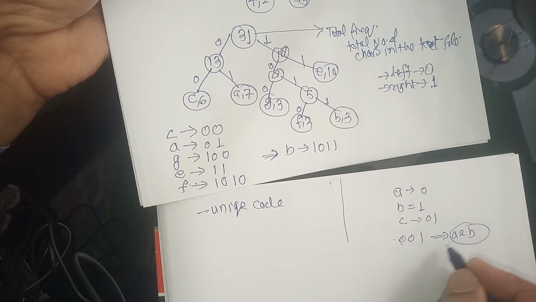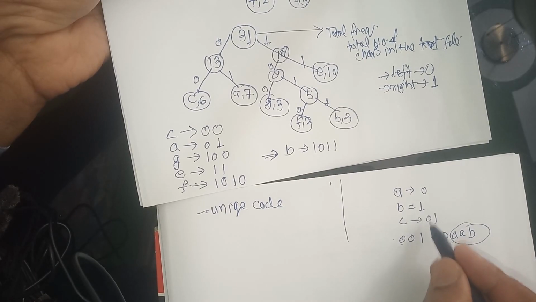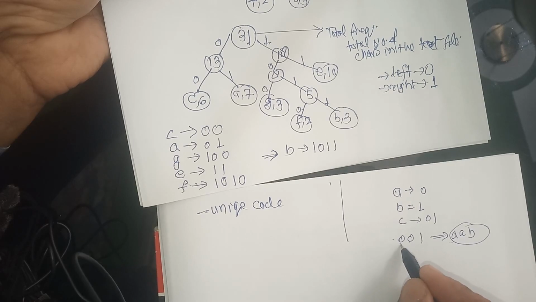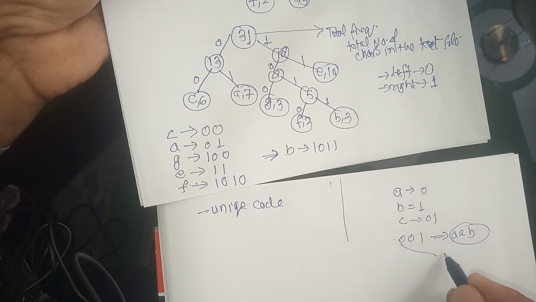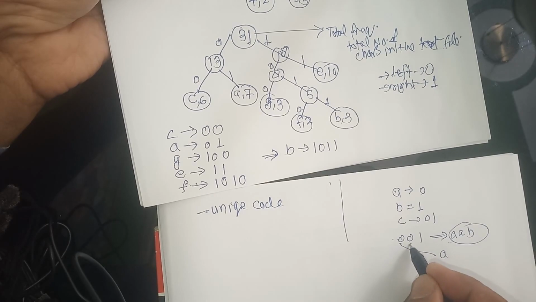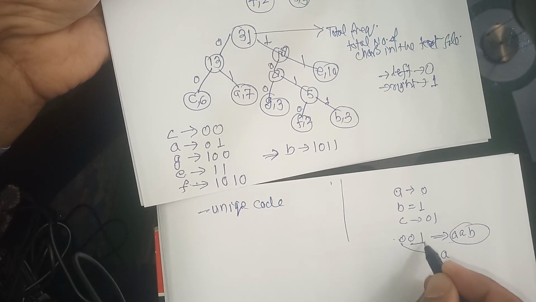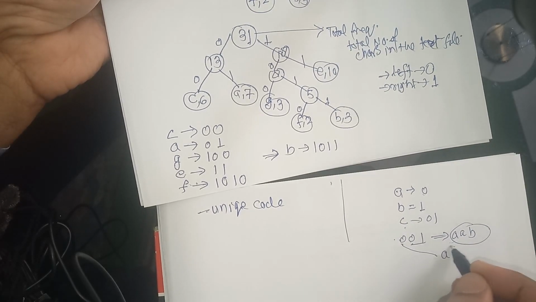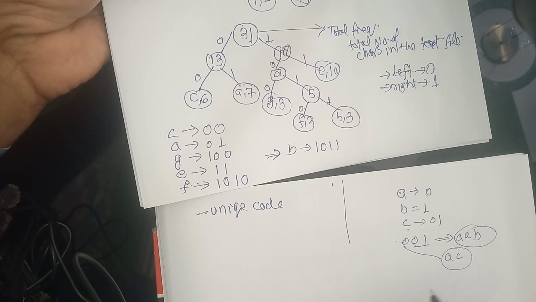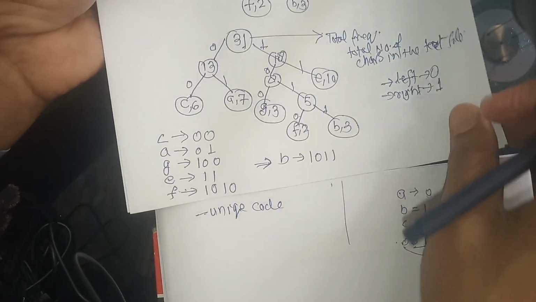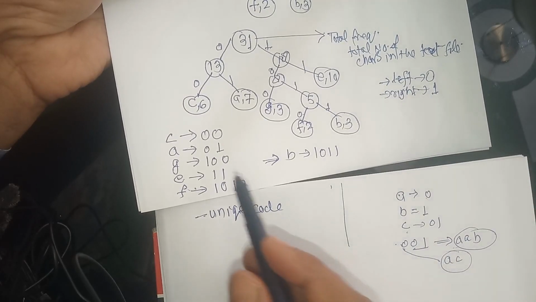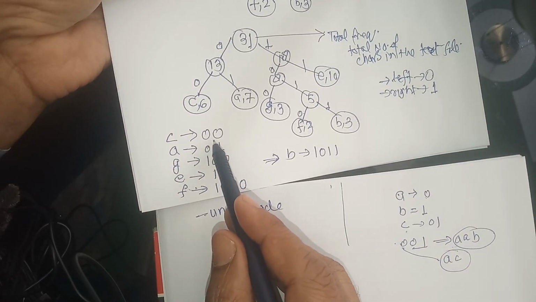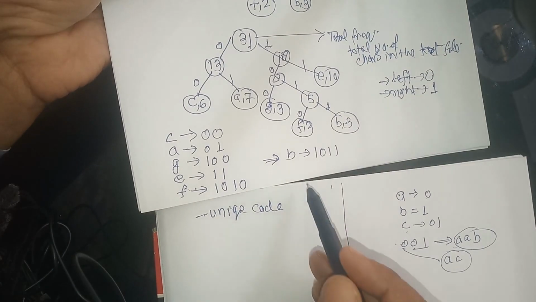Another decoding: for the first 0 we write A, and for the second and third bits, 01, we write C. So there would be ambiguity. So this is required, and it is a must that no character's code is a prefix of any other character's code.